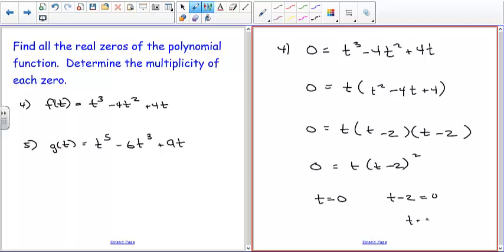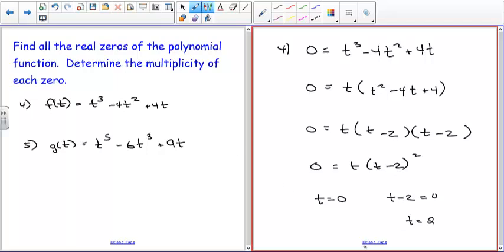To solve for the values of t, I'll add 2 to both sides. So this is the factored form of the original equation. The factors are t, t minus 2, and t minus 2. The zeros are the values of t where the factors equal 0. So I set this equal to 0 or this equal to 0 and solve for it.